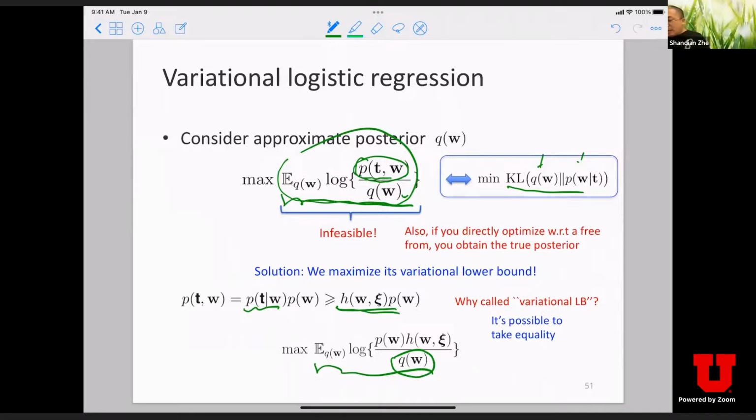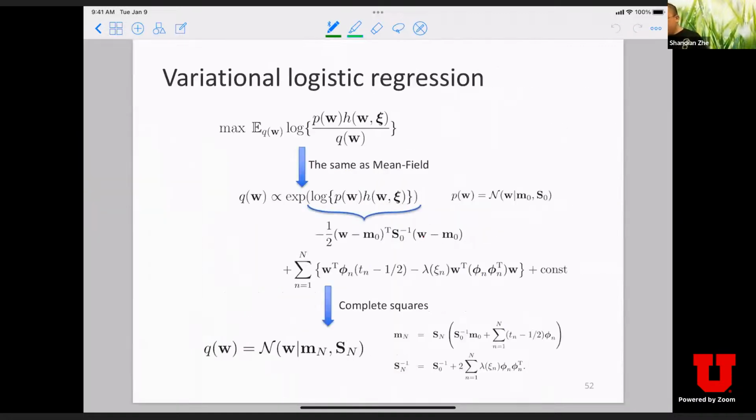And we find that if we do this, our Q of W is very easy to optimize and gives you the exact form, which is a Gaussian distribution. It's fairly easy to see this because if you take the logarithm of P of W and the logarithm of this lower bound term, you will find that the terms related to W will only be some linear terms like A transpose W and quadratic terms like W transpose B W, something like this.